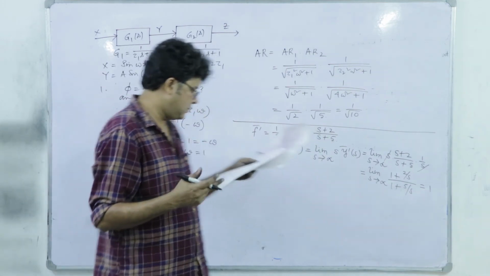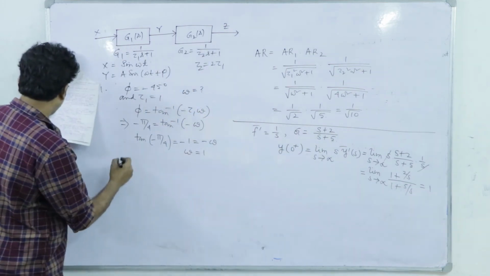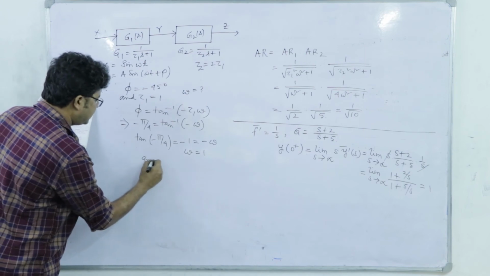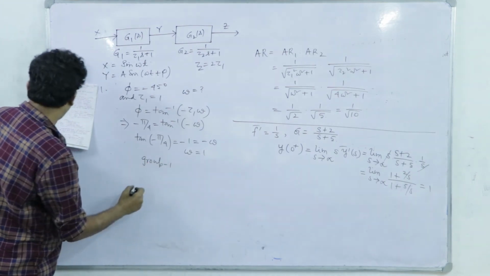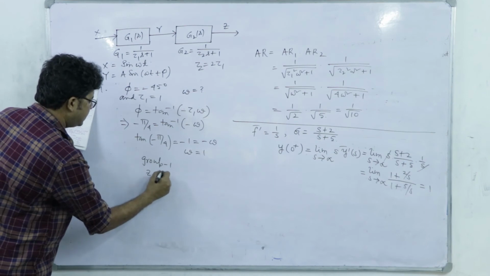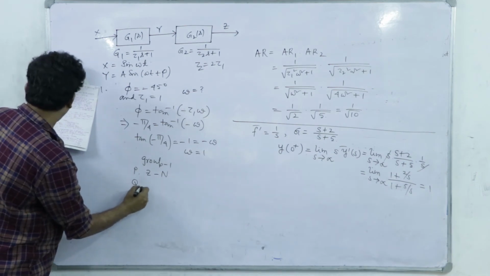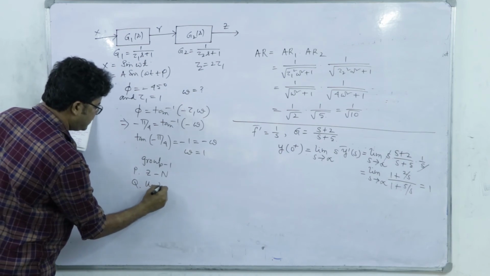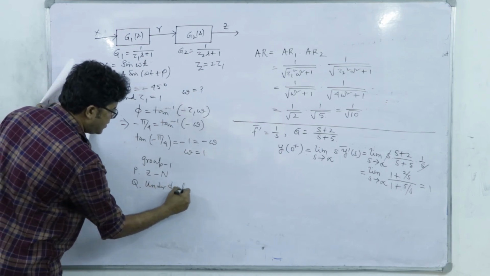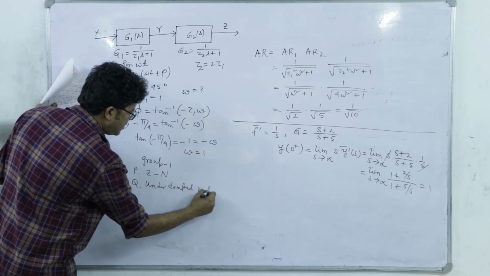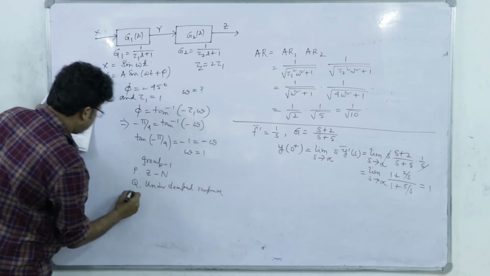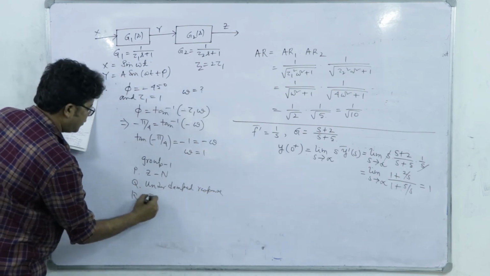Next, there is a column matching problem. Group 1 elements: P is Ziegler-Nichols, Q is underdamped response, R is feed forward control.